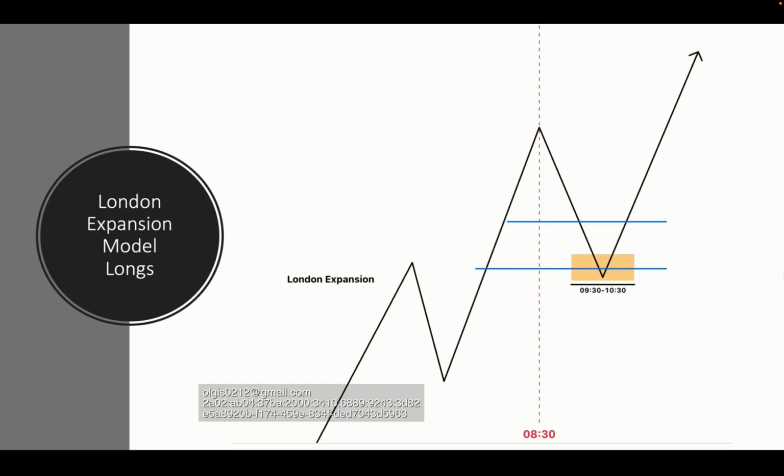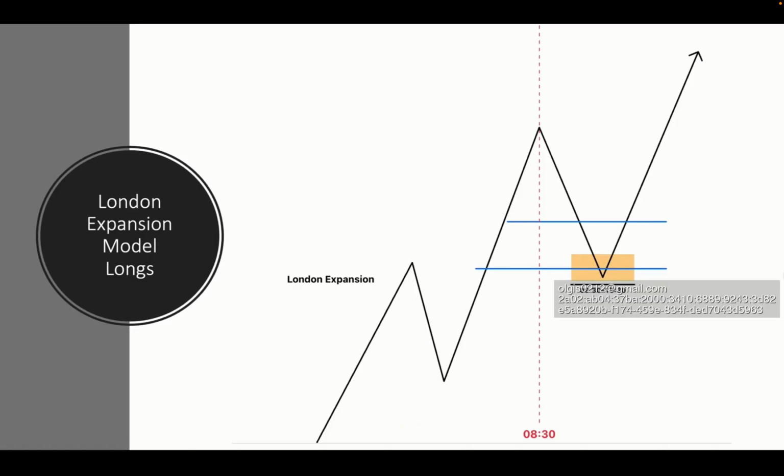We will discuss this soon, why, but we want to see that CB get reached between 9:30 to 10:30. We want to see a low time frame smart money reversal occur, and we will be targeting buy side liquidity resting above this high and higher. This model again occurs when we are in a fairly bullish market and the market is in close proximity to the higher time frame objective.